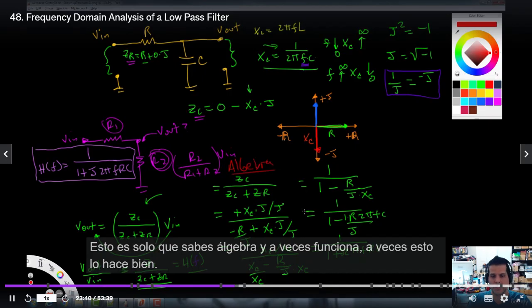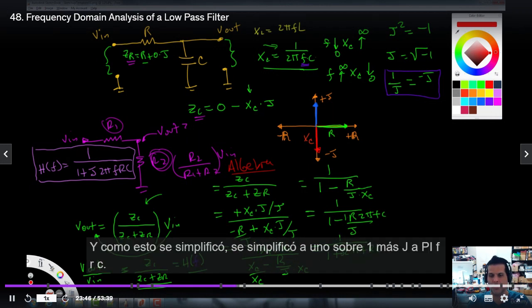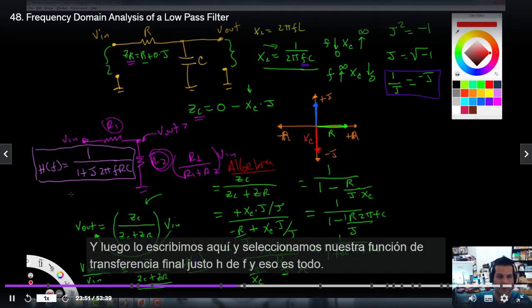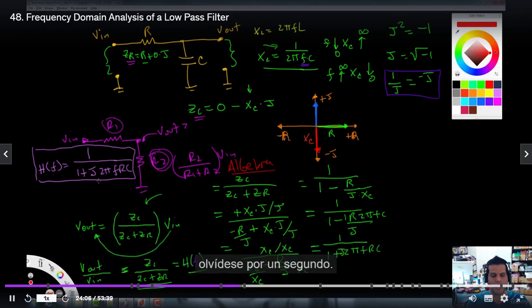Sometimes this works out, sometimes it doesn't. We did some algebra and we got lucky, and it simplified to 1 over 1 plus j 2 pi frc. And then we wrote it down over here, so here's our final transfer function, H of f, and that's it. Now, the j in here is a little bit confusing, but for now, hold on to your horses and forget about it for a second.